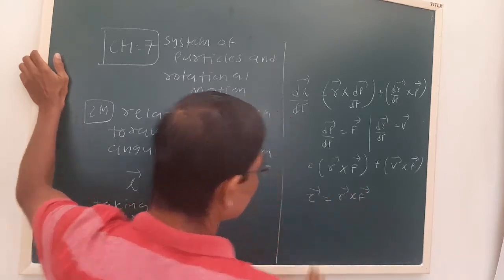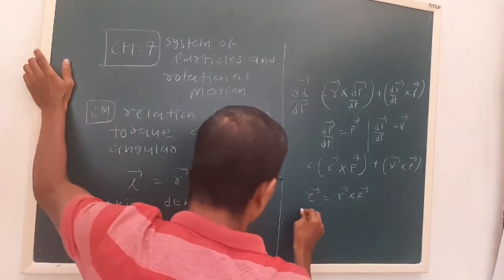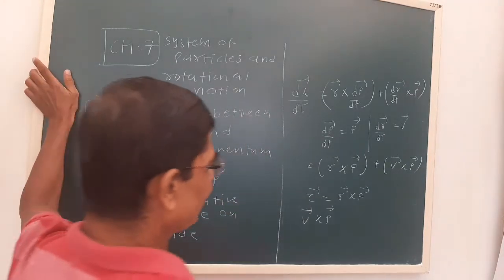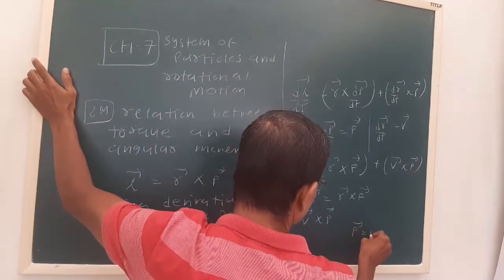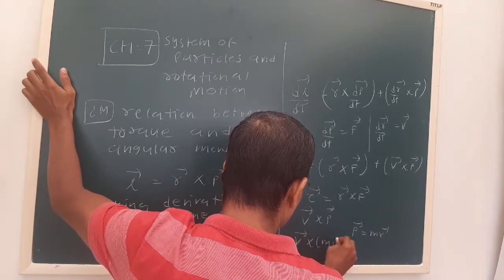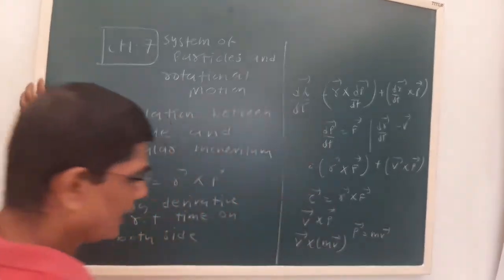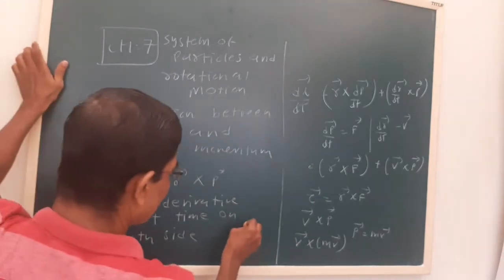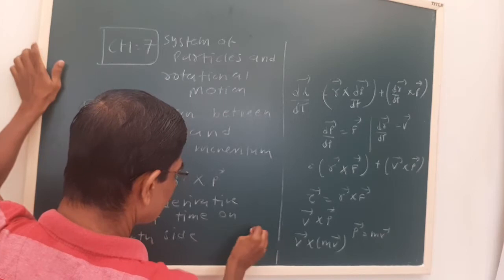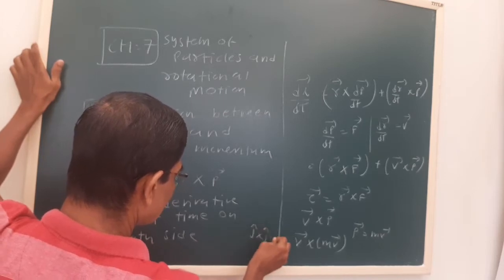Now, we have proved earlier that torque is equal to r cross F. So r cross F is torque. Now v cross p. Now p is equal to mv. So v cross mv. As we have discussed earlier, i cross i is 0 or j cross j is 0.